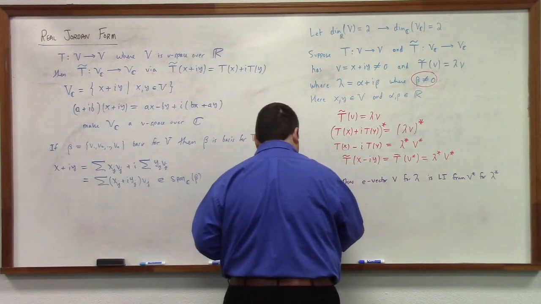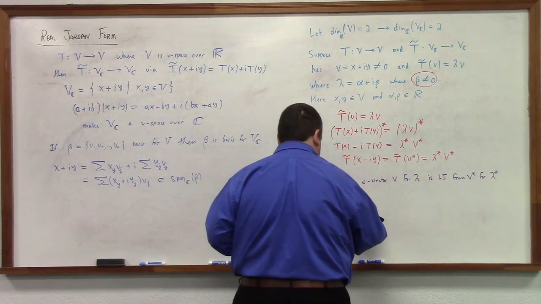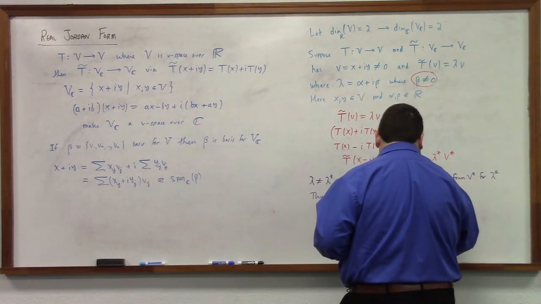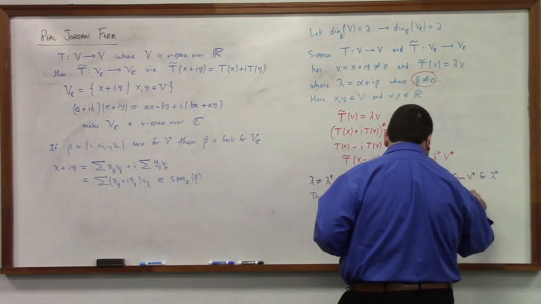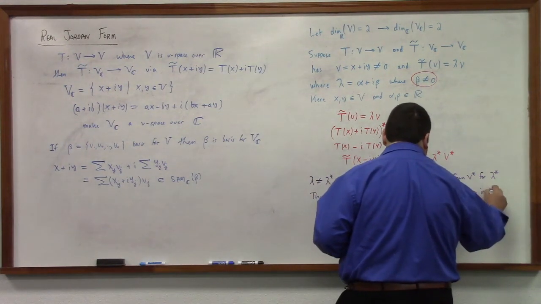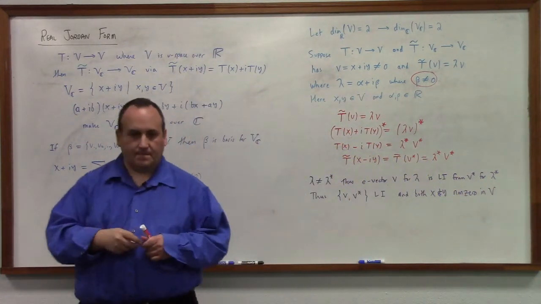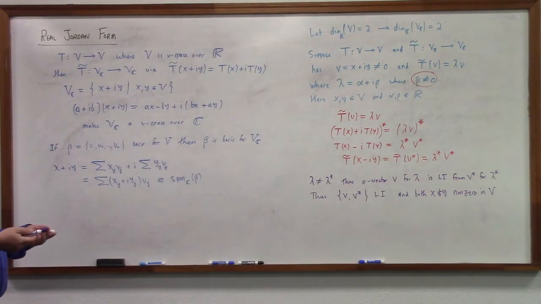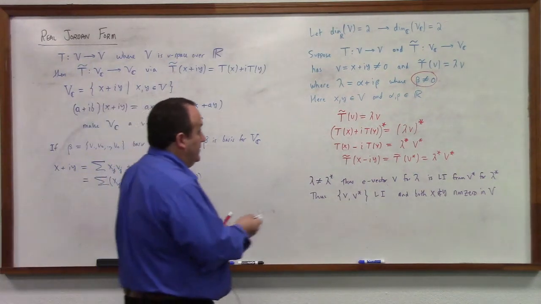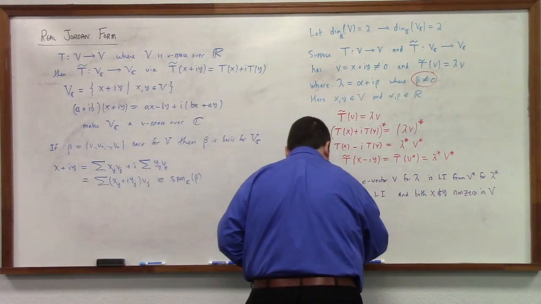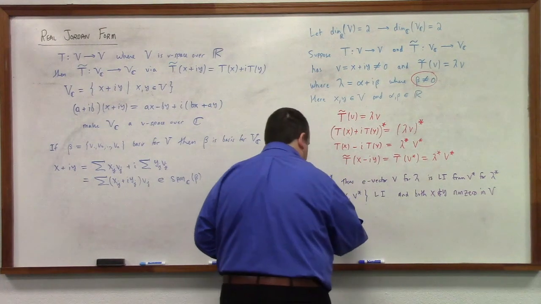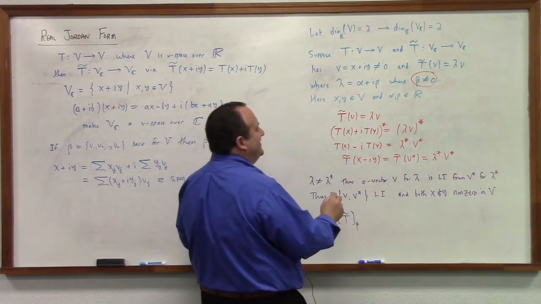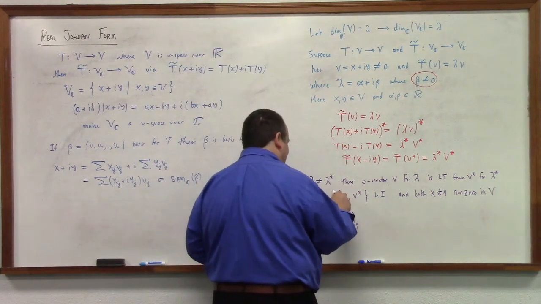We find thus v and v star linearly independent, and both x and y non-zero in V. Now, what's the matrix of T tilde with respect to the basis, let's call this basis gamma?